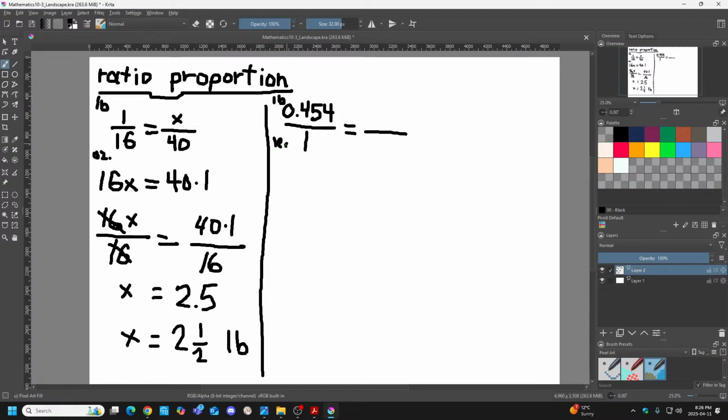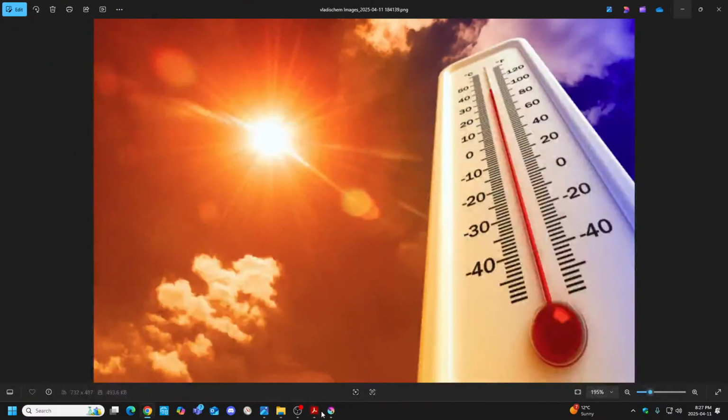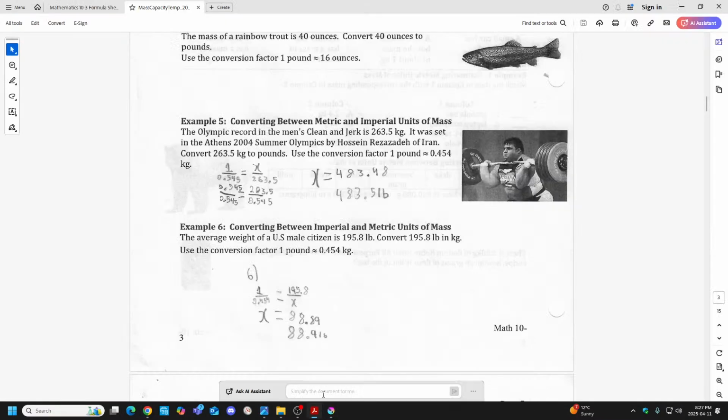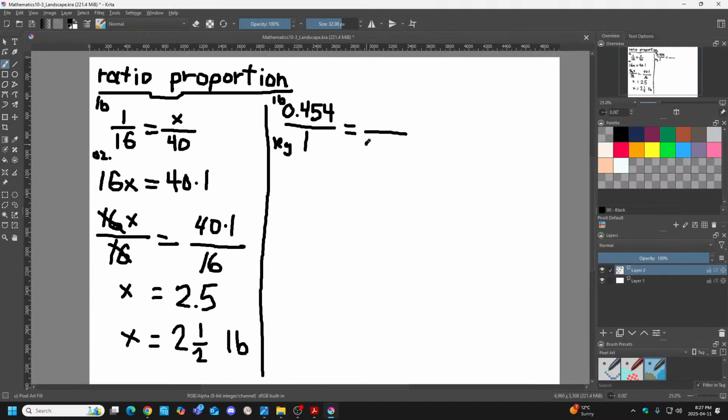I'm just putting a little note here so I don't mess things up. The numerator is pounds. The denominator is kilograms. 263.5 kilograms. So that means this is X, which is unknown. There we go. We're set up.